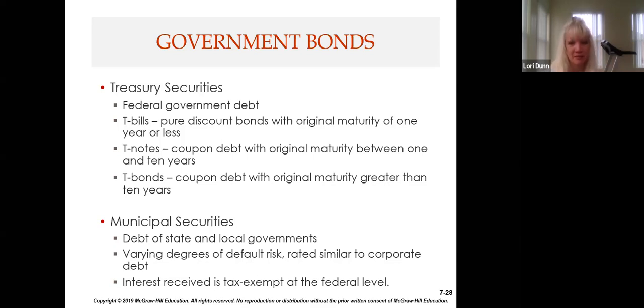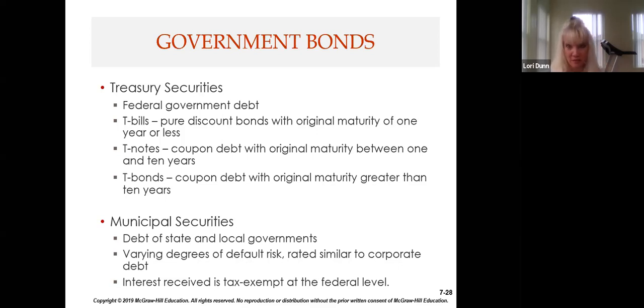But they do, to raise money, just like a corporation would. So the degree of default risk is rated similar to corporate debt. And I remember, you watch the news, Luzerne County is always posting about their bond rating, their credit rating. So these are very real things.